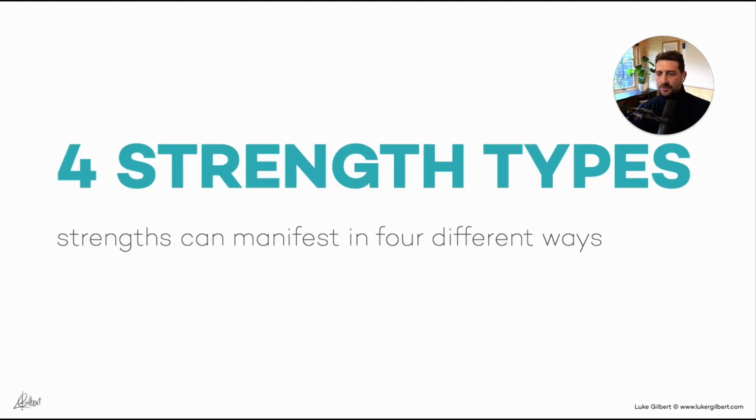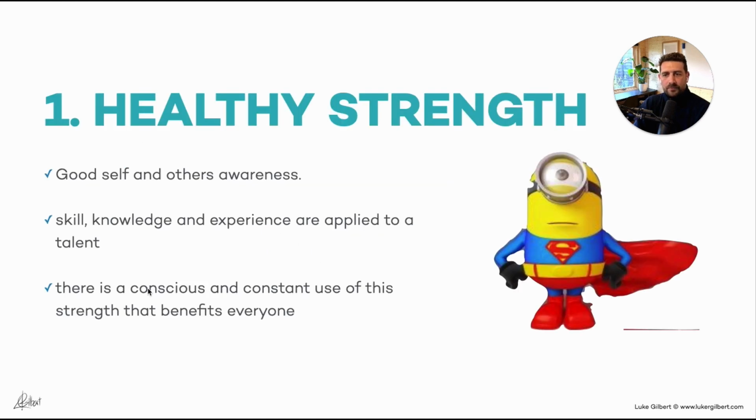Now, there are some interesting things around the way in which strengths can manifest. So there are 4 areas or 4 types. Now, there may be many more, but I'm just going to highlight 4 different ways in which strengths can manifest. The first one is what we're all going for, and that is a healthy strength.